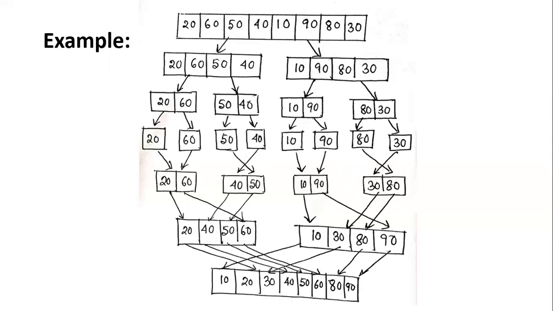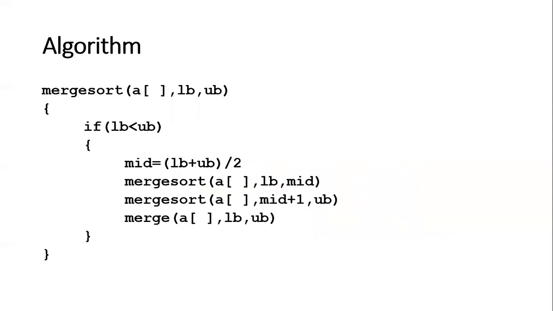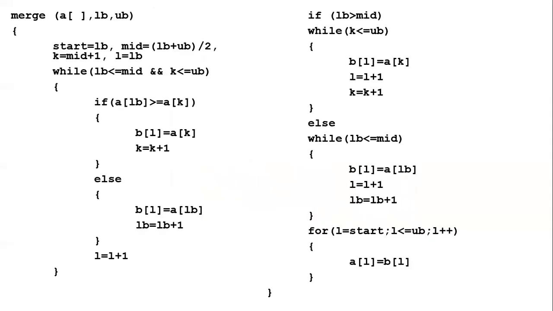If the data pointed by LB is greater than the data pointed by K, and this is my target array, the temp array, and later I shall dump all those data to the first array back again. So here B[L] equal to A[K], this condition will occur. In this case, which is greater?